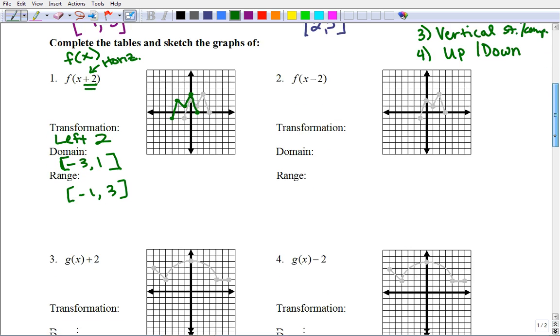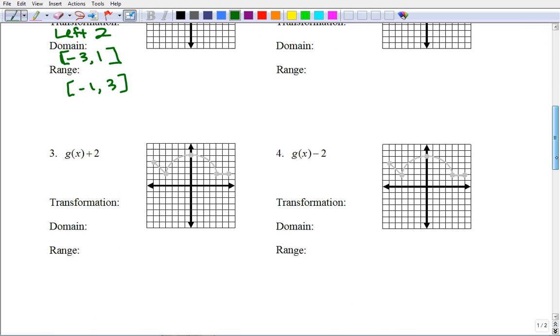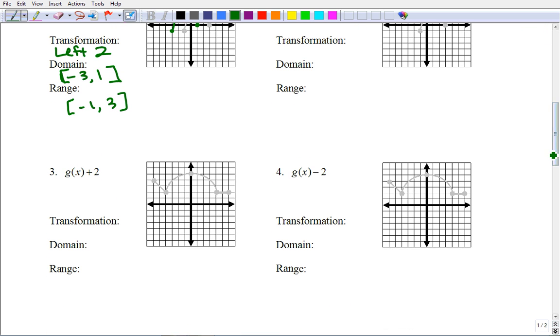Okay, let's go down here to number 3. Let's look at one that has g of x. This time, the change that's happening, if my original graph was g of x, I'm adding something outside of the parentheses, so that means it's going to be a vertical transformation.